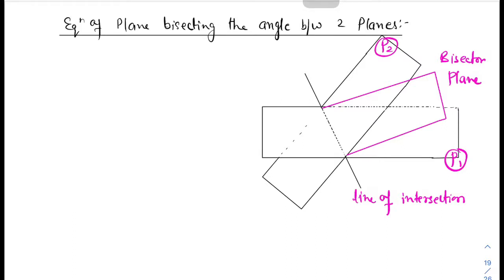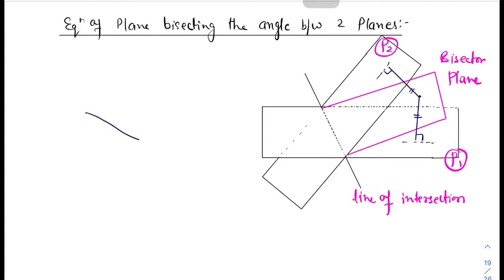In order to write the equation of these planes, we can use the fact that this bisector plane will be at equal perpendicular distance from both plane P1 and P2. These two distances must be equal because the plane is bisecting the angle between plane P1 and P2.